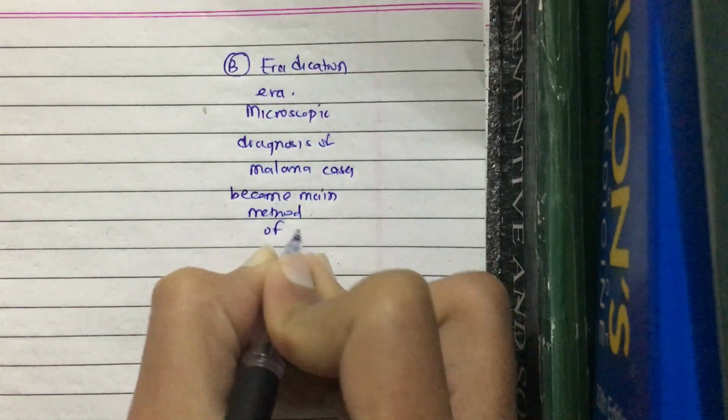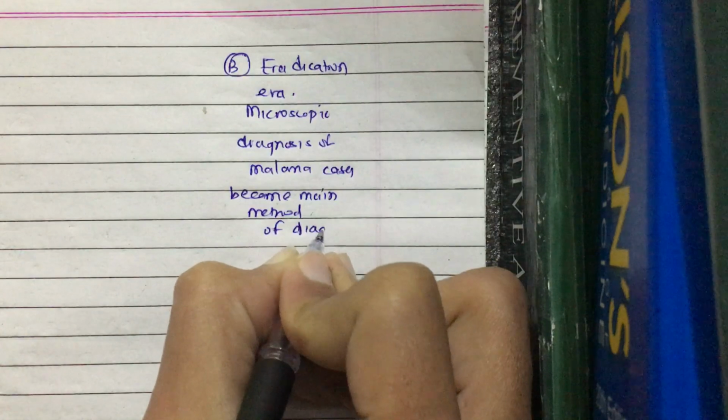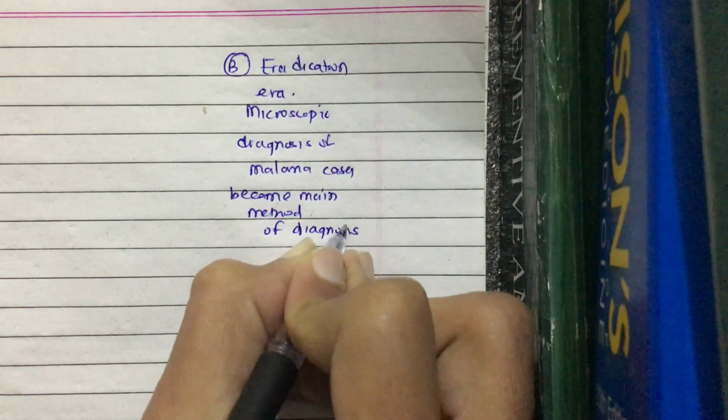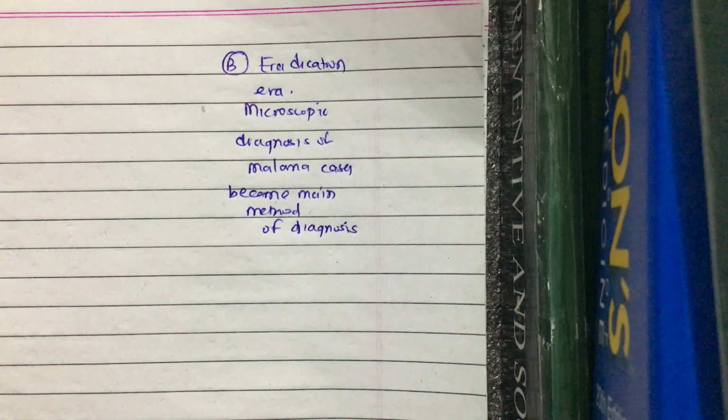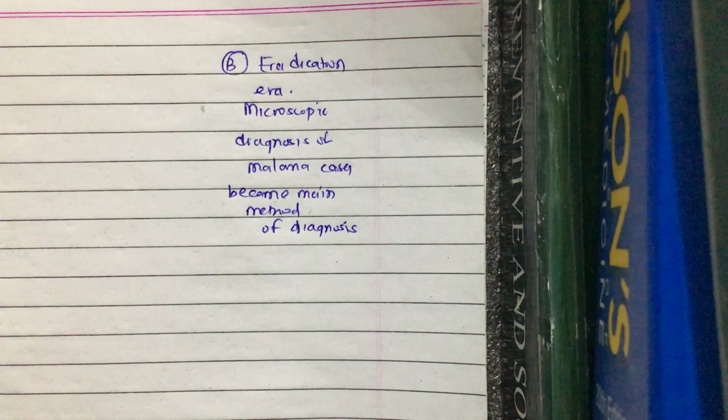In the pre-eradication era, the main method was clinically diagnosed cases, whereas in the eradication era, it is a microscopically diagnosed case.